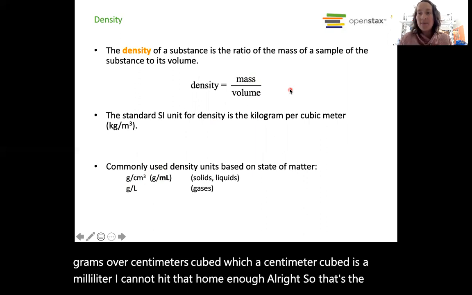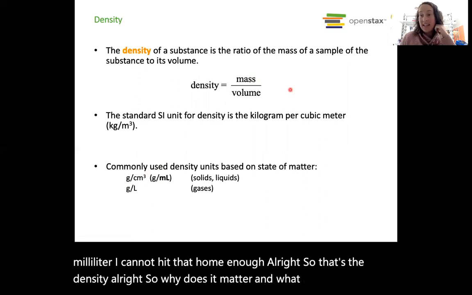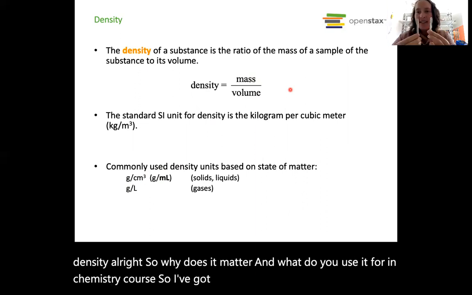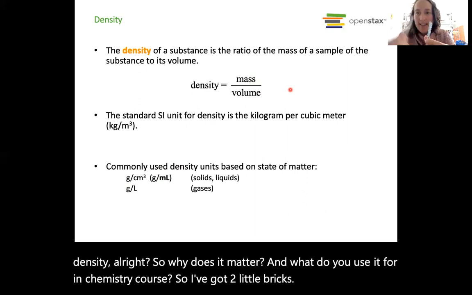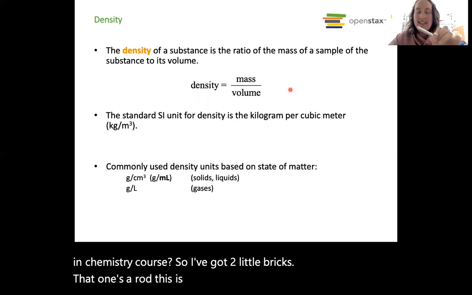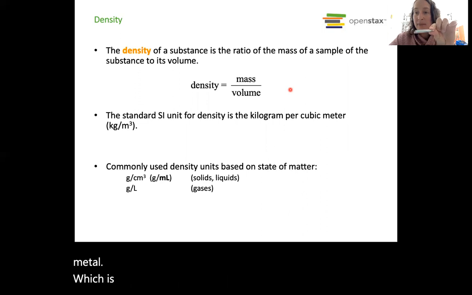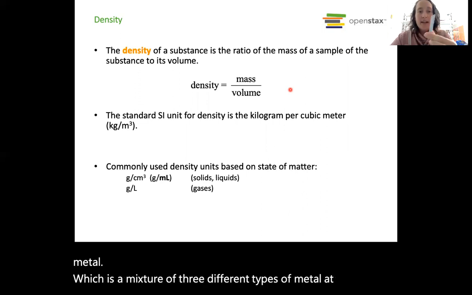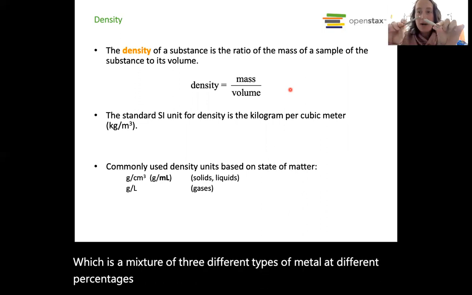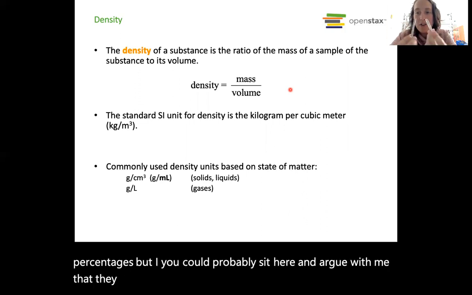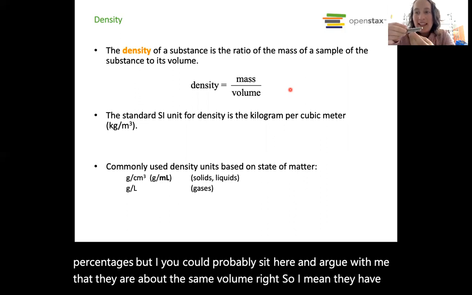All right, so why does it matter and what do you use it for in a chemistry course? I've got 2 little bricks. One's an aluminum rod, and this is that Wood's metal, which is a mixture of 3 different types of metal at different percentages. You could probably argue with me that they're about the same volume, right? They have a similar length.